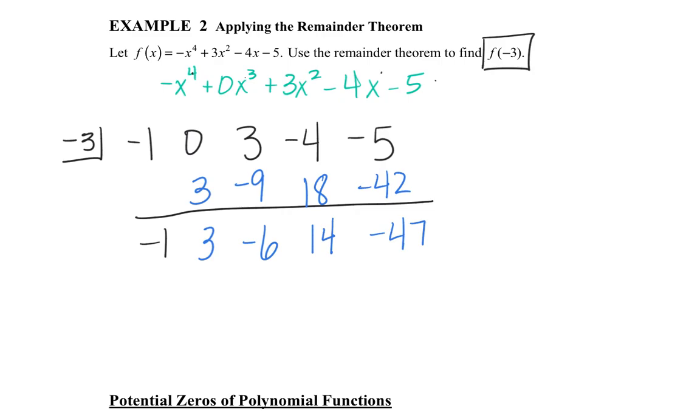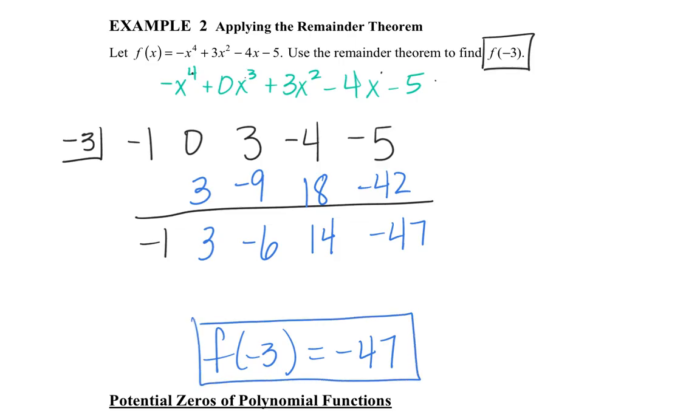So that means that f of negative 3 is equal to negative 47. And also remember, this was your x to the fourth, so this would be negative x cubed plus 3x squared minus 6x plus 14 plus negative 47 over x plus 3. That's how it would be written.